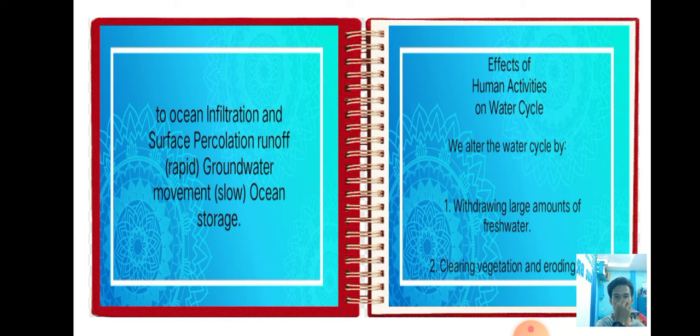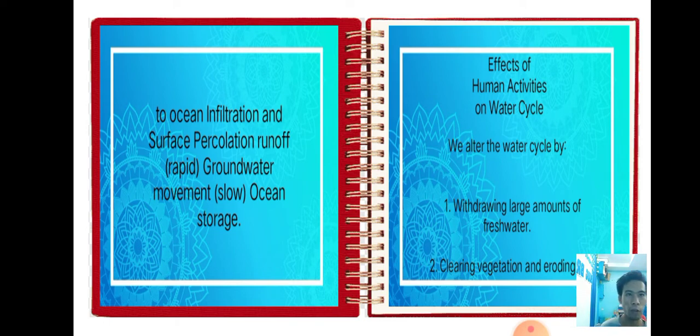To the ocean, infiltration, surface percolation, and runoff are the rapid movements, while groundwater movement is slow, along with ocean storage of the hydrologic water cycle.